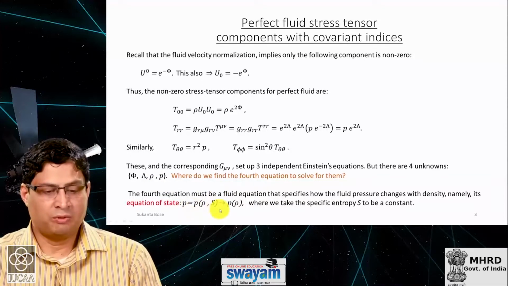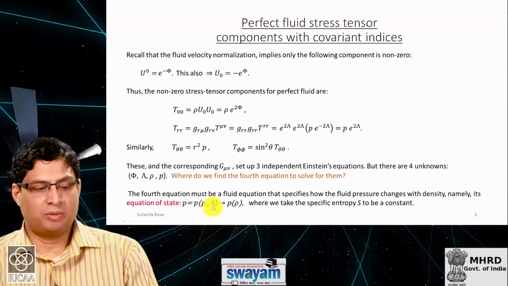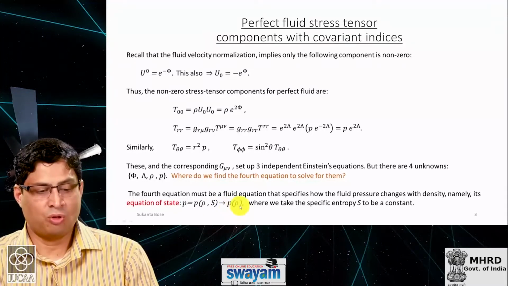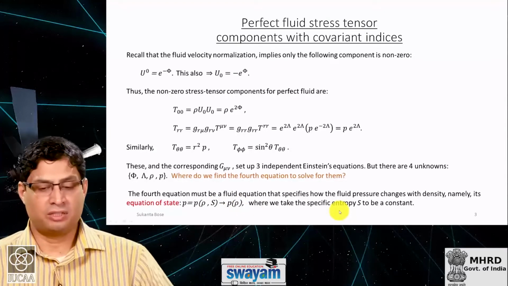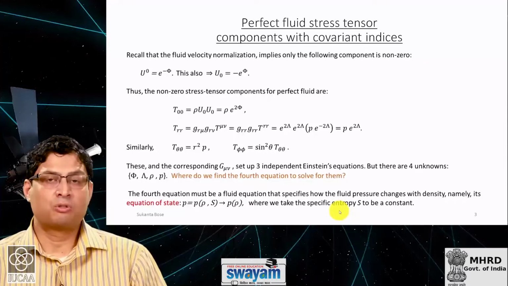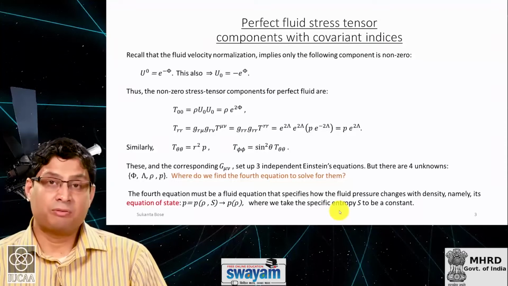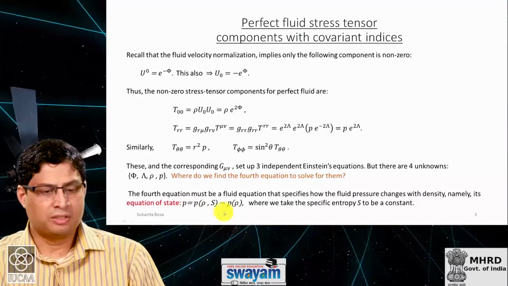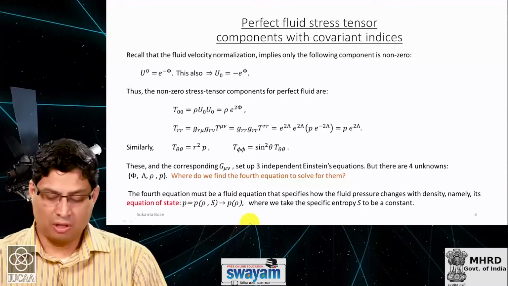Once you specify that equation of state, namely p, the pressure as a function of density and entropy, which oftentimes will just be pressure as a function of rho, the density. That is because entropy will turn out to be in many interesting cases just a constant or too small to be affecting anything. This will happen, for example, for neutron stars. So then this is that 4th equation, and you have 4 unknowns and 4 equations to solve for them.